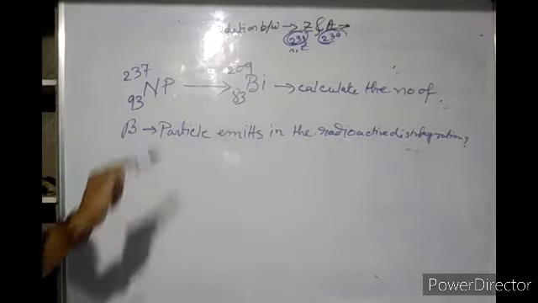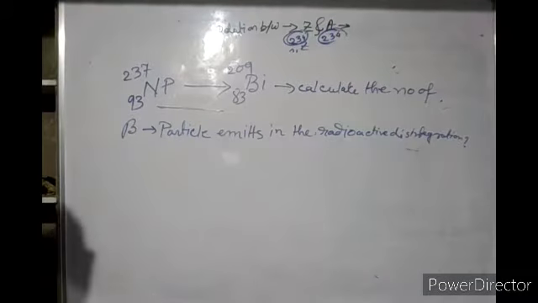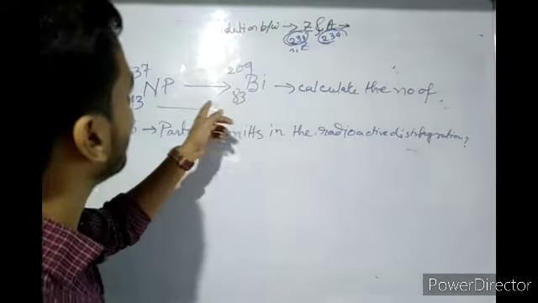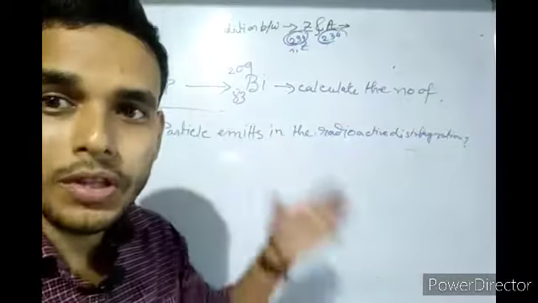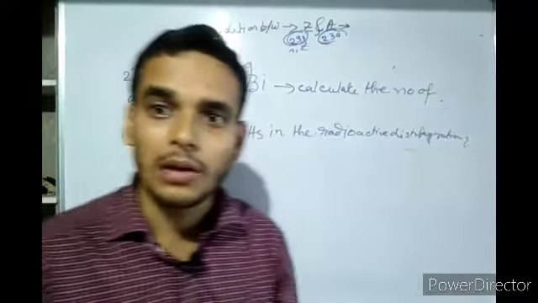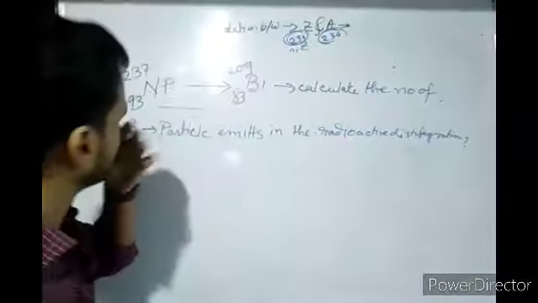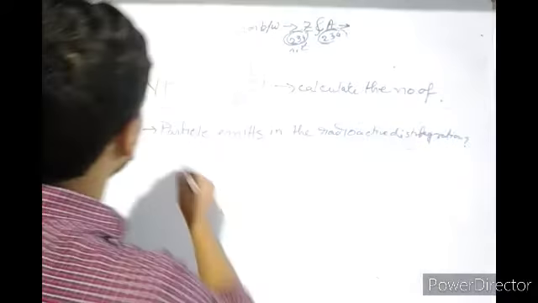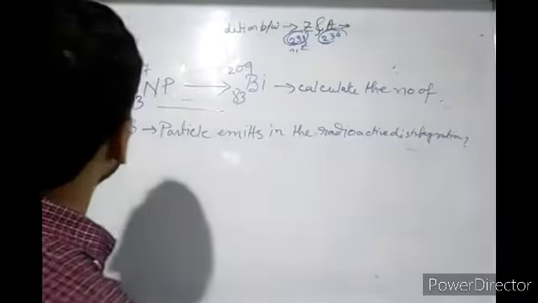If we want to calculate the number of beta particles emitted, we have to calculate the number of alpha particles emitted at first, because without knowing the number of alpha particles we cannot calculate the number of beta particles.